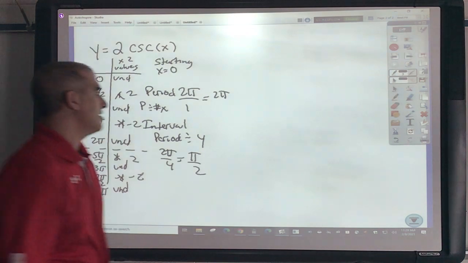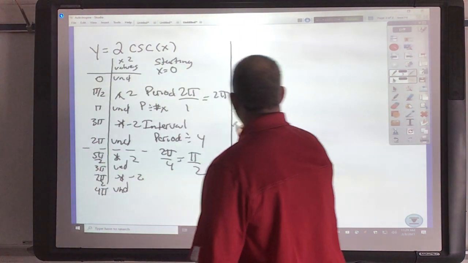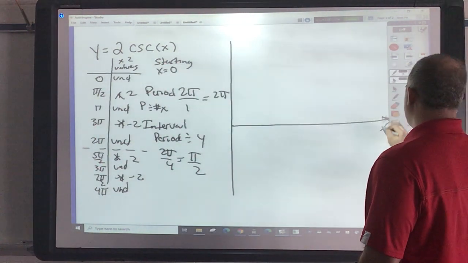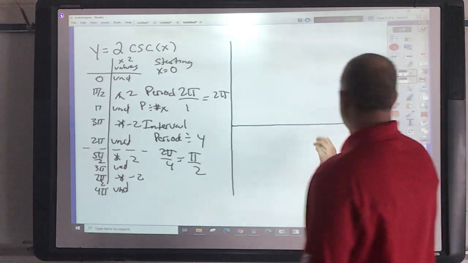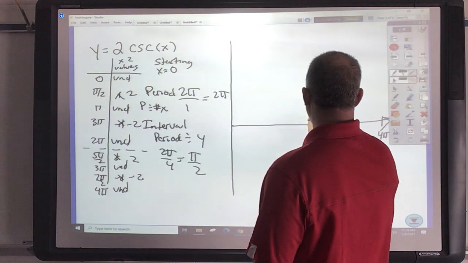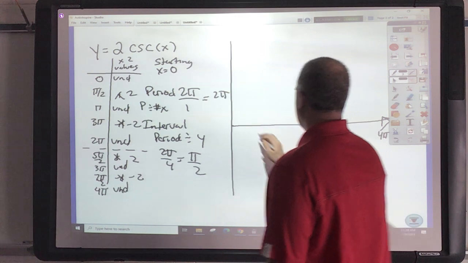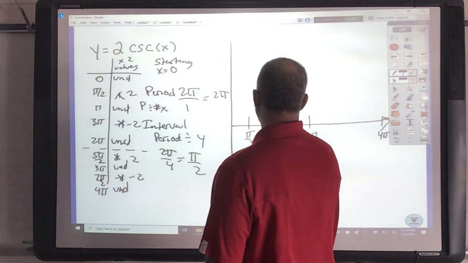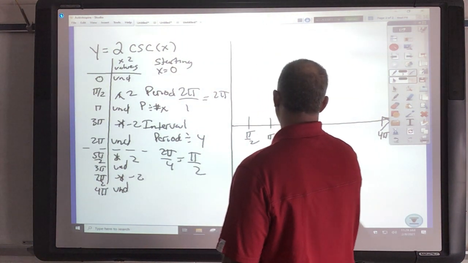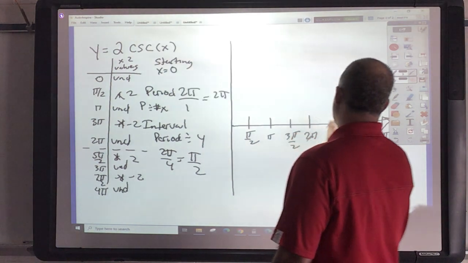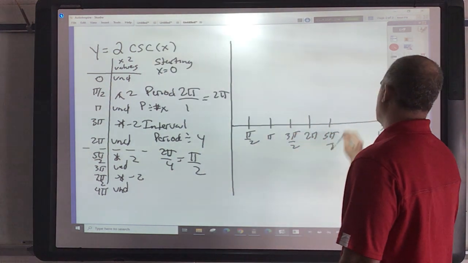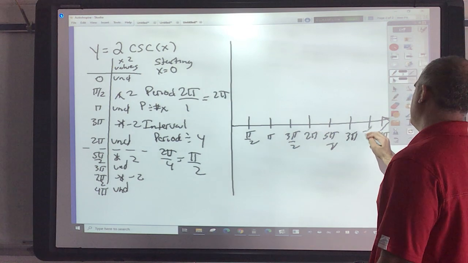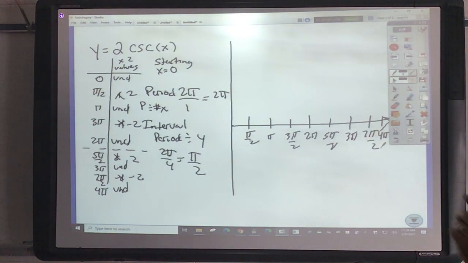Now, what does the graph look like? We'll put 4 pi at the end here, and put 2 pi in here. So pi over 2, pi, 3 pi over 2, 5 pi over 2, 3 pi, 7 pi over 2. The graph looks a little bit different.